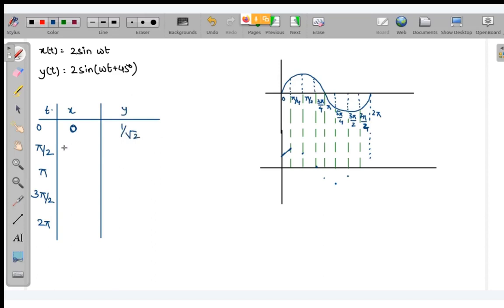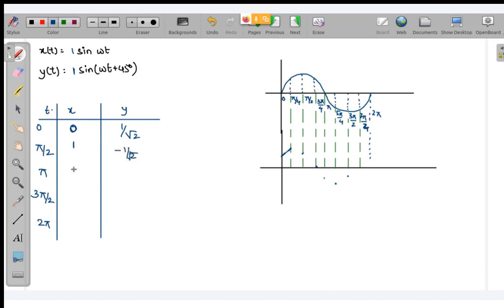If I take pi by 2, this will be 2, but let me also assume this as 1 only. Pi by 2 means 90, then 135, so this will be minus 1 by root 2.